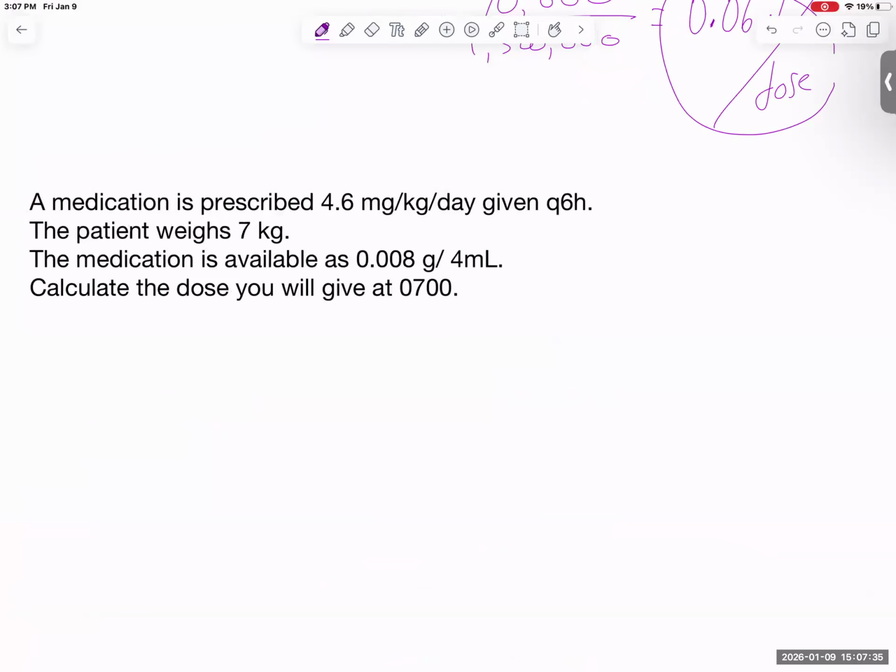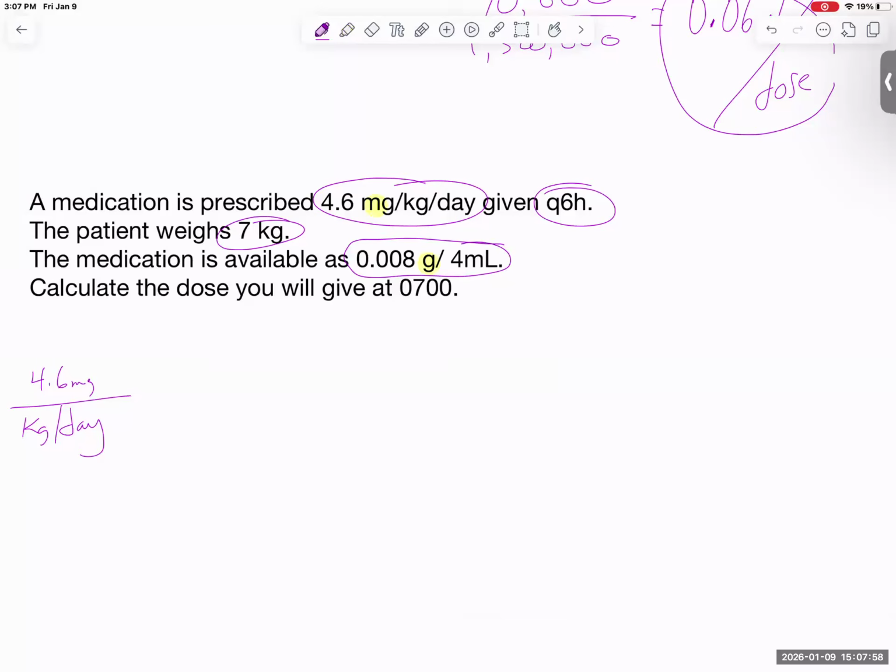All right. You ready? The doctor orders 4.6 milligrams per kilogram per day. The patient's going to get it every 6 hours. The patient weighs 7 kilograms. This is the available concentration. You should notice that one is milligrams and one is grams.